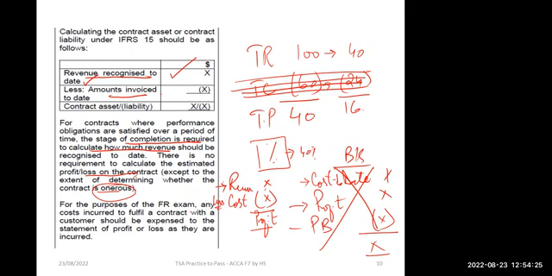And for the purpose of FR exam, any cost incurred to fulfill the contract with the customer should be expensed to the statement of profit or loss as they are incurred. So the cost incurred to date will be charged directly in the income statement. Revenue will be taken with respect to the percentage, and the difference will be the profit or loss on the contract.